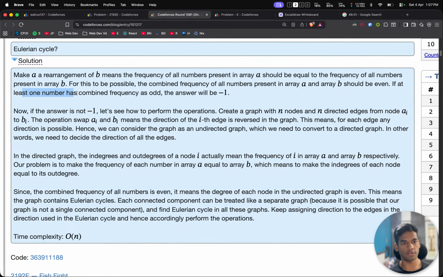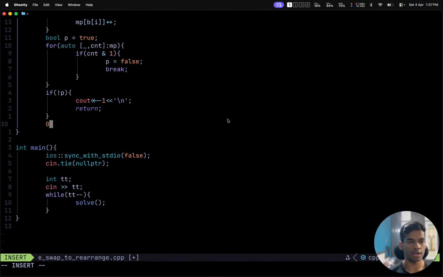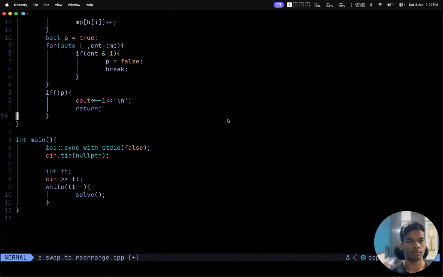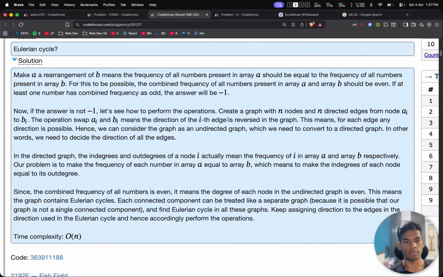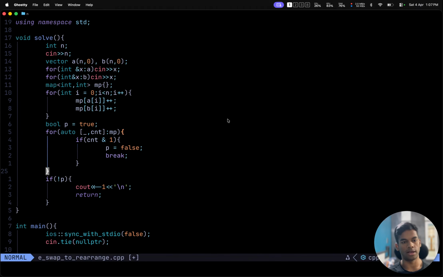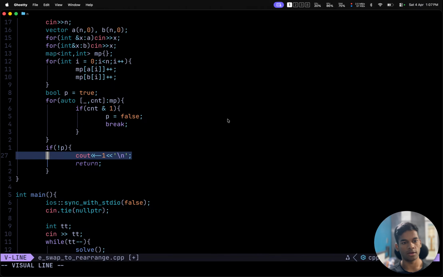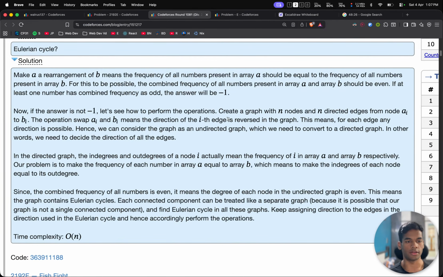If at least one number has a combined frequency which is odd, then the answer would be -1, which we are checking for here. If count is odd for any number, then possible is false and we break out, and then if not possible, we return -1.